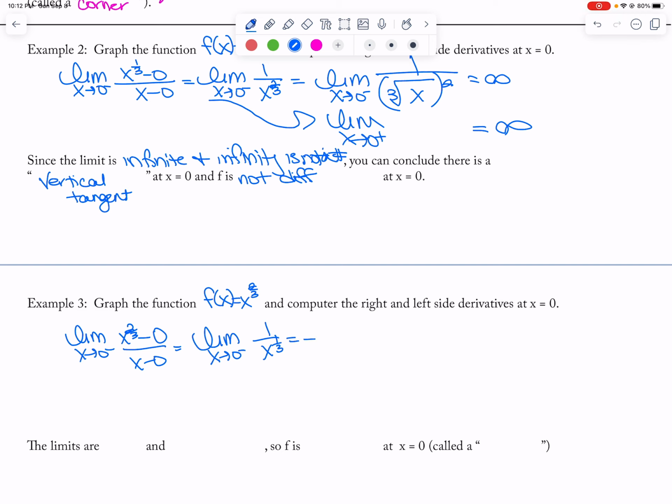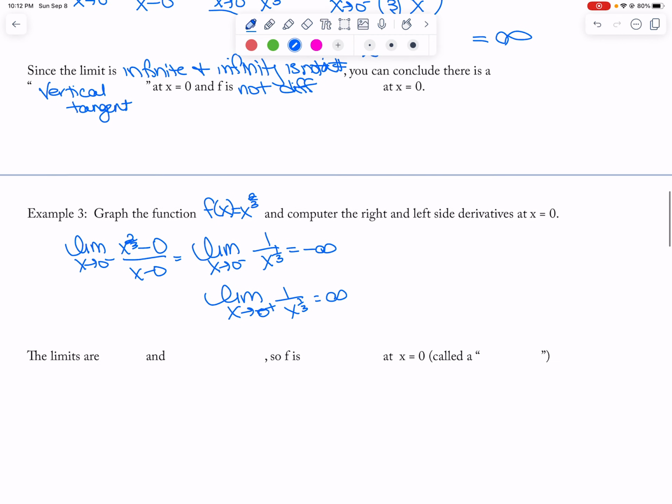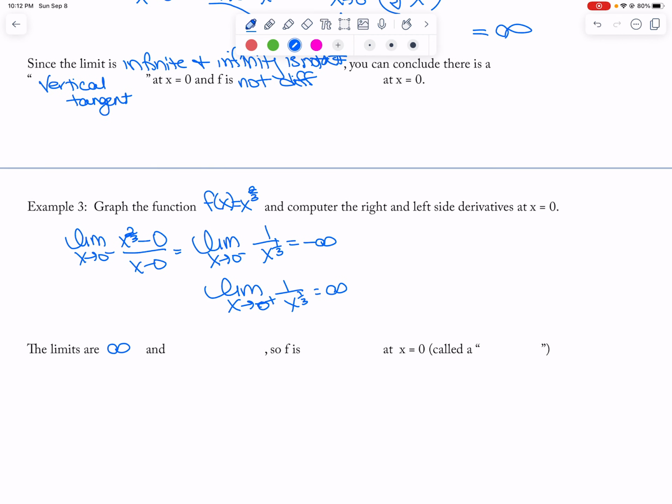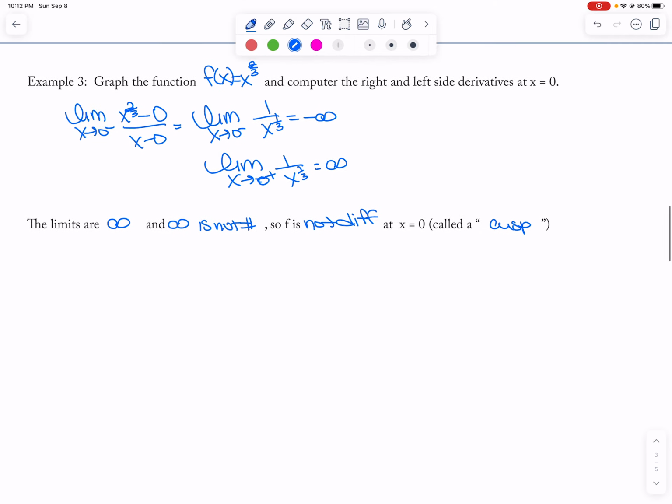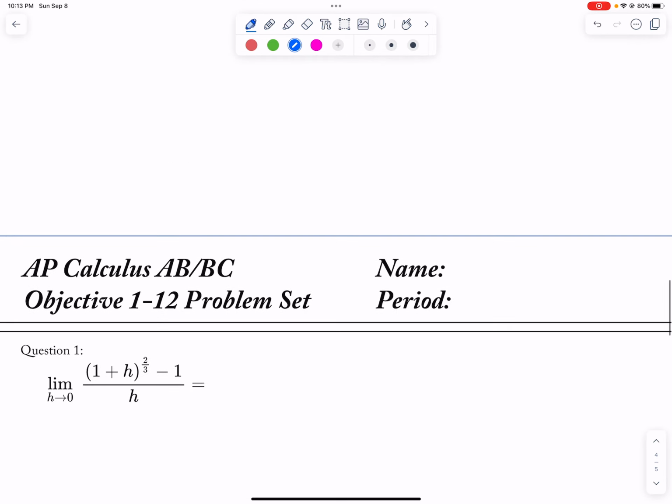So from the negative side, I'm going to negative infinity. When I do it from the positive side, I get positive infinity. And since both of them are infinite and infinity is not a number, f is not differentiable at that point, and this is called a cusp. Okay. All right, so that is it for this lesson.